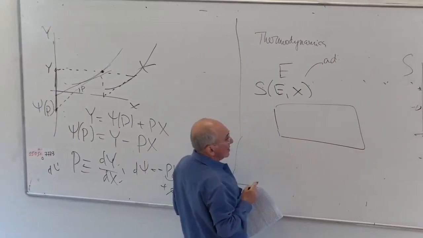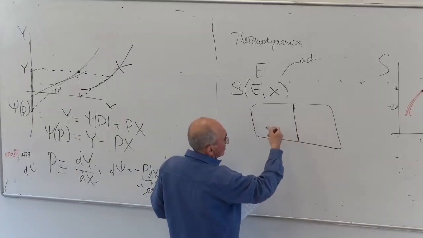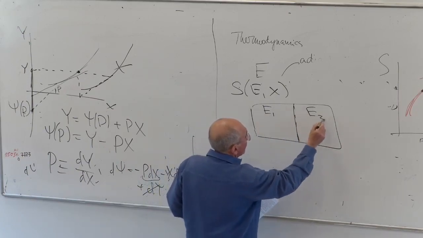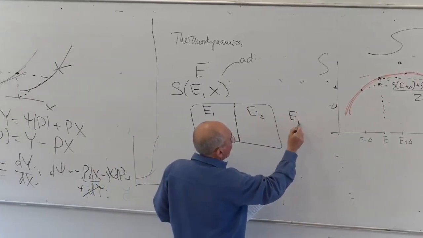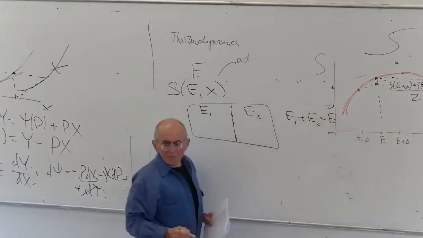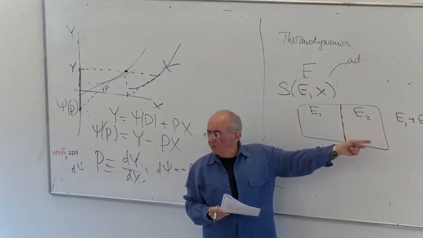several times, let's take a system which is separated into two parts that could exchange energy with each other, and its whole energy is fixed. So if there are changes, there could be more energy here, but then there will be less energy here.